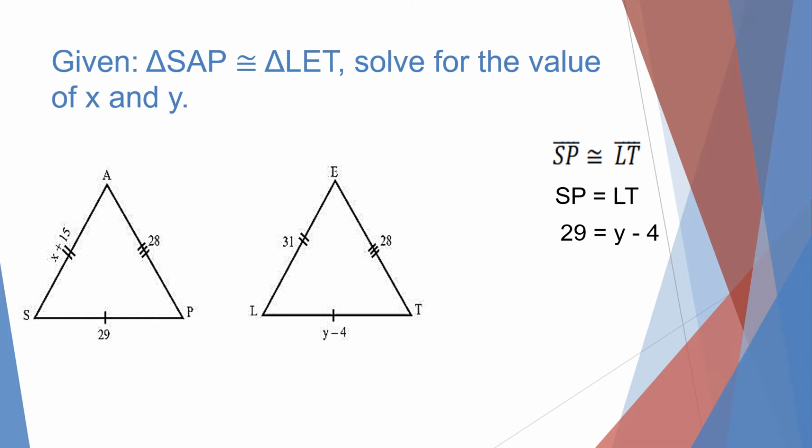Now, para hindi tayo mahirapang mag-solve, kailangan yung ating may variable lagi nasa left side ng ating equation. So, we apply symmetric property of equality. When we say symmetric, pagbabaliktarin natin or pagpapalitin natin ng position yung nasa left at nasa right side ng equation. Kaya magiging y minus 4 equals 29 na siya.